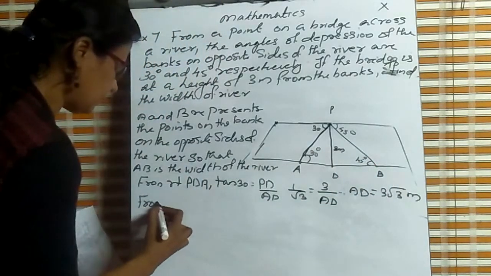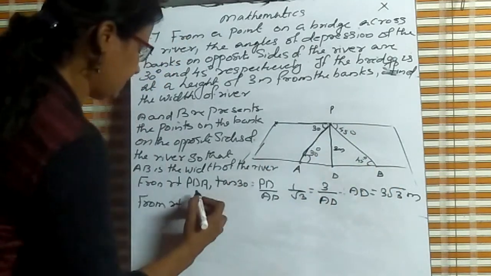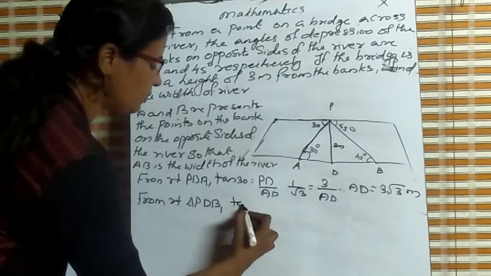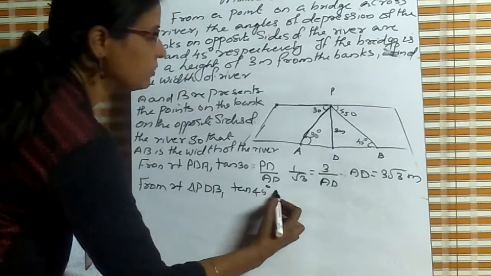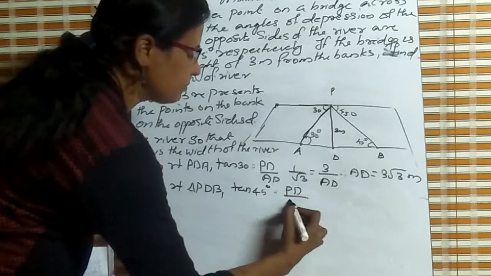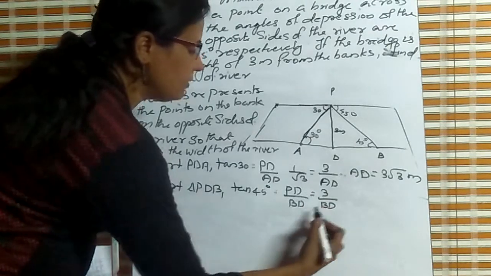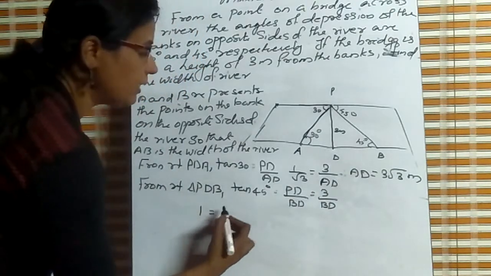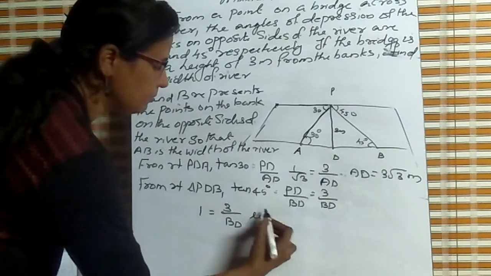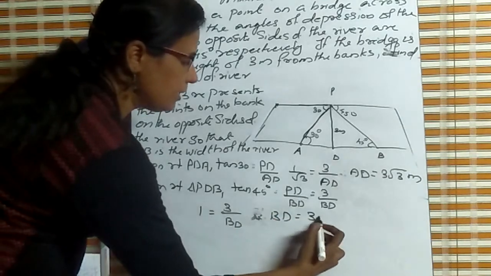From the second right triangle PDB, what is tan 45? Tan 45 is equal to opposite side PD by BD. PD is given 3. The value of tan 45 is 1, so 1 is equal to 3 by BD. Cross multiplication. Therefore, BD is equal to 3 meter.